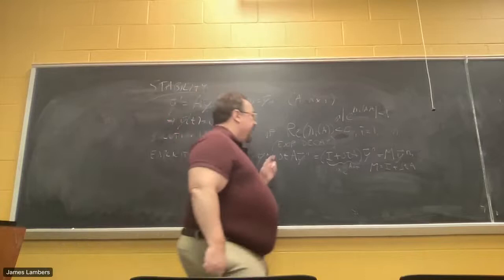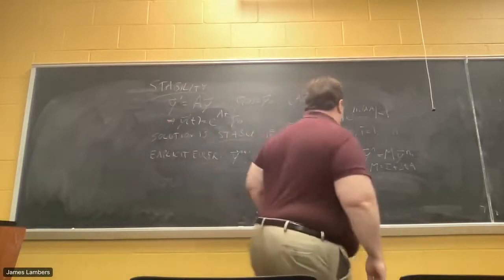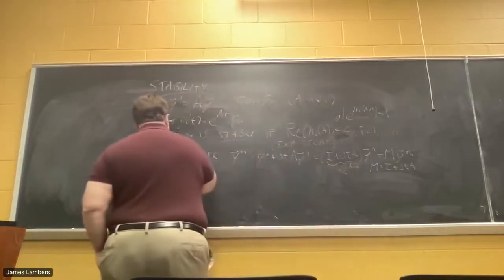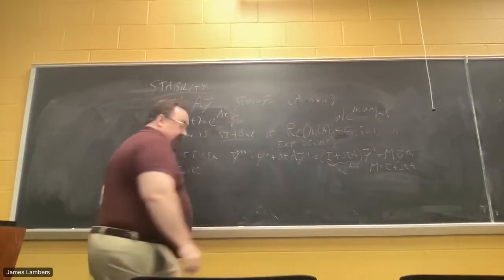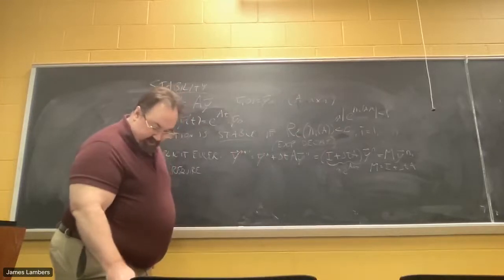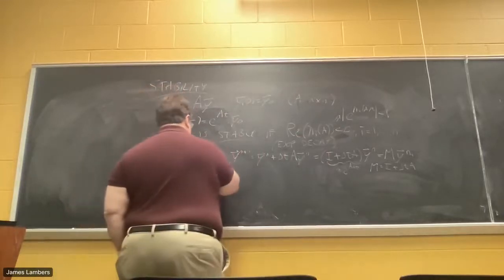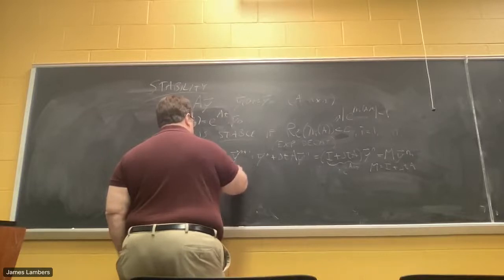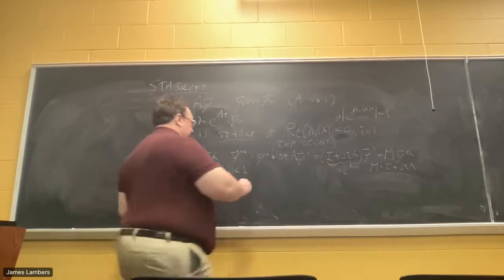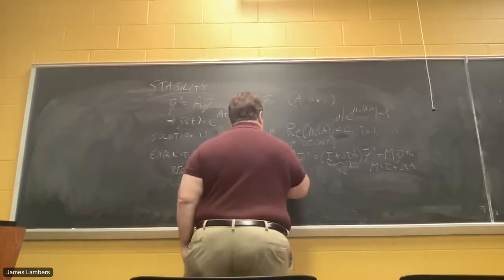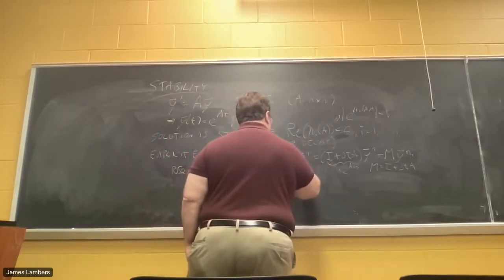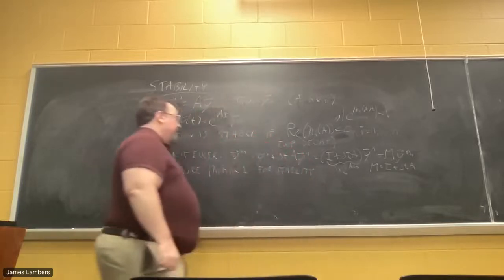Now, to make sure we have the same kind of behavior as the exact solution, we require that the eigenvalues of M have absolute value less than 1 for a numerical solution to be stable.